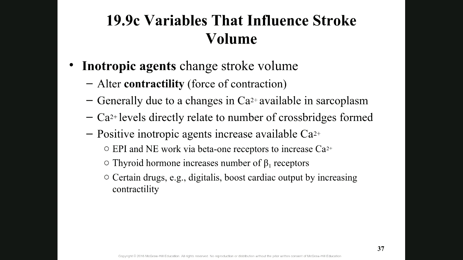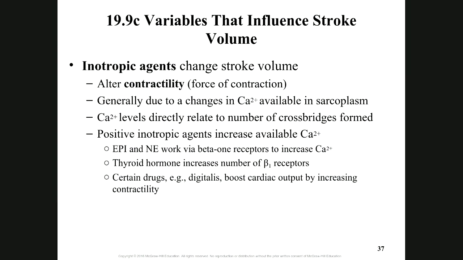An increase or decrease in the force of contraction is generally due to a change in the availability of calcium ion in the sarcoplasm. Changes in calcium ion concentration can change the number of cross bridges which form in the sarcomere, and thus it can change the force of contraction.